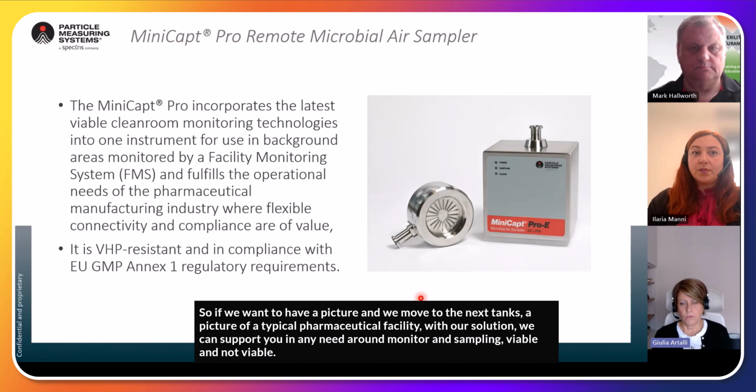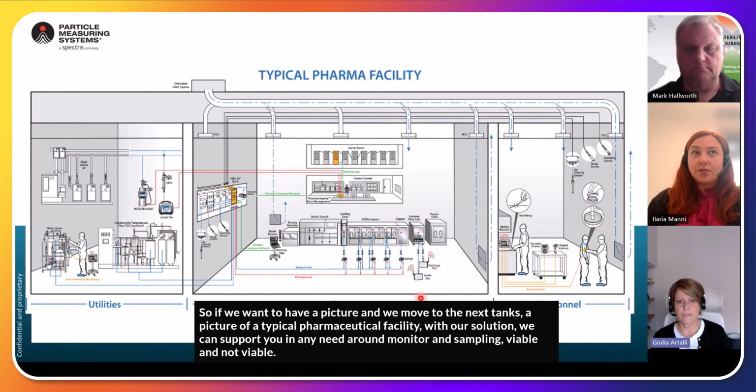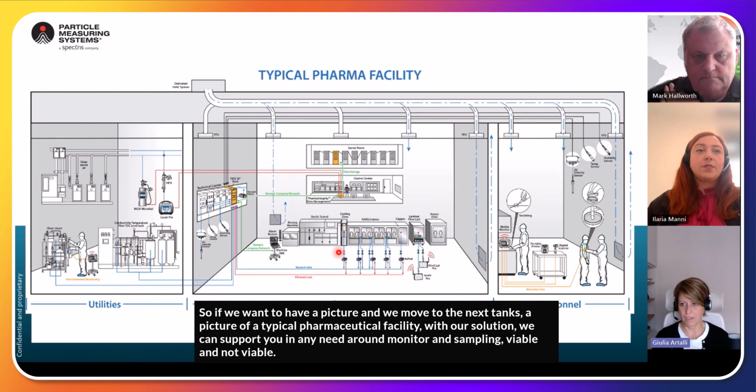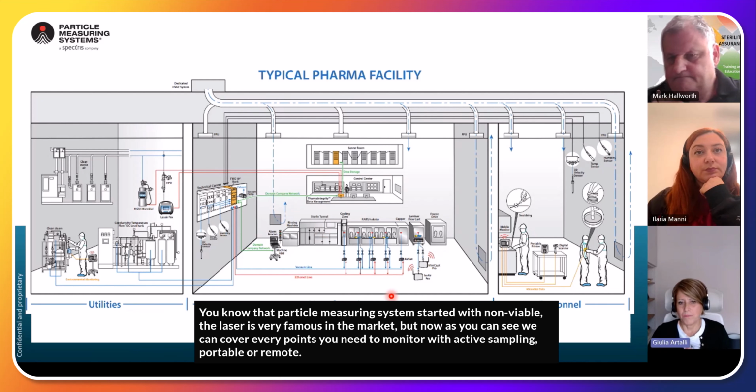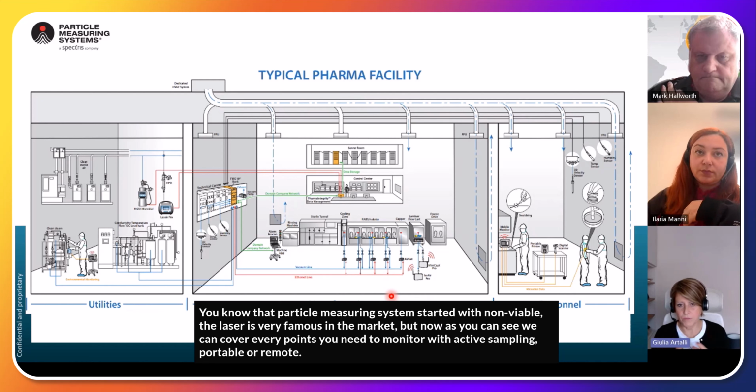If we move to the next slide, a picture of a typical pharmaceutical facility. With our solution, we can support you in any need around monitoring and sampling, viable and non-viable. You know that Particle Measuring Systems started with non-viable. The laser is very famous in the market, but now, as you can see, we can cover every point you need to monitor with active sampling, portable or remote.